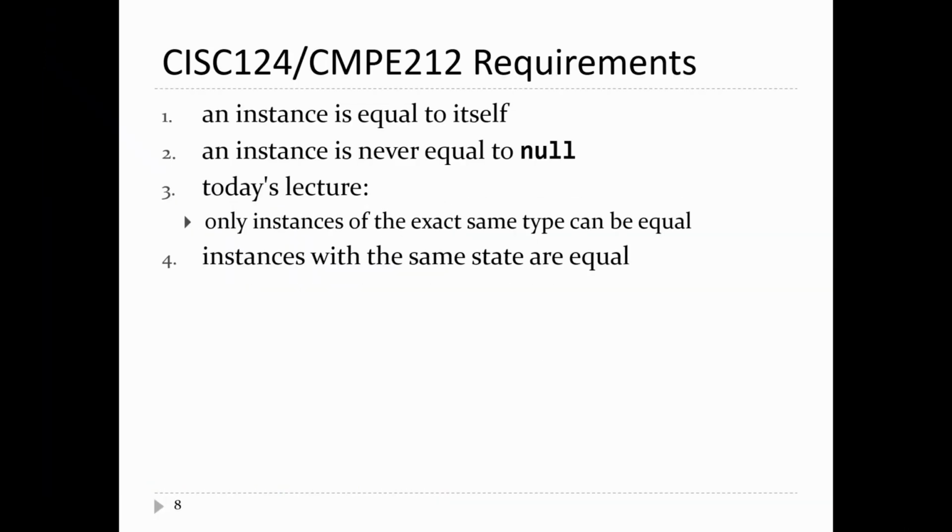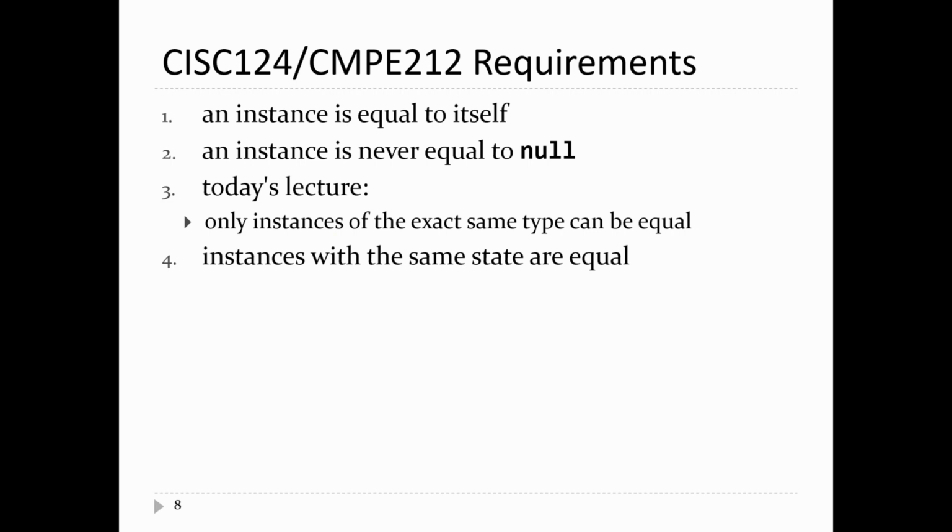Okay, so what do we require for equals? We require 4 things. An object is always equal to itself, which makes sense. Requirement number 2. If you write p dot equals null, that's always false. It never throws an exception. For the current lecture, we're going to say that only objects that have the exact same type can be equal.